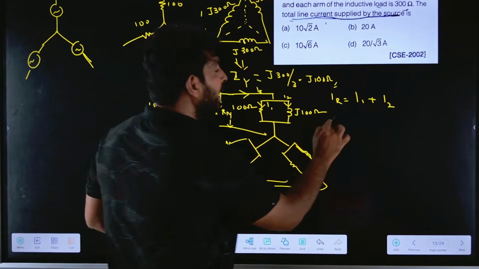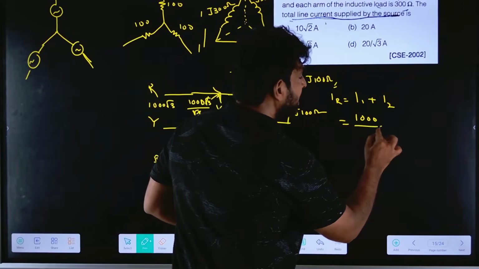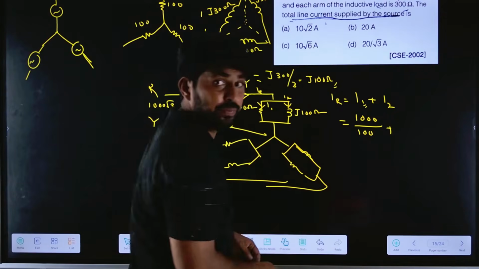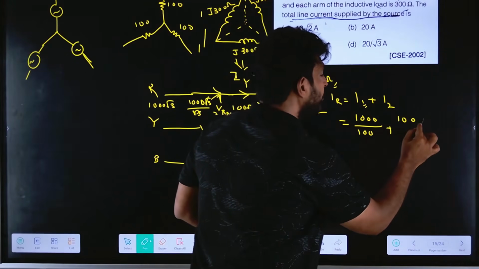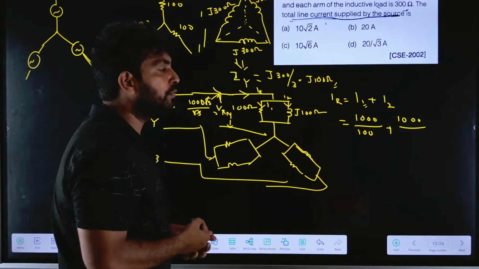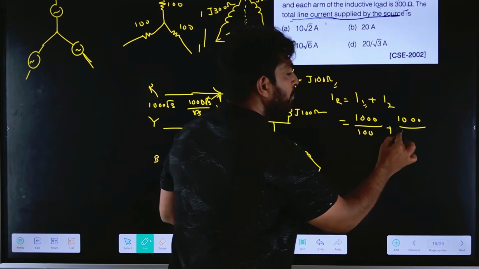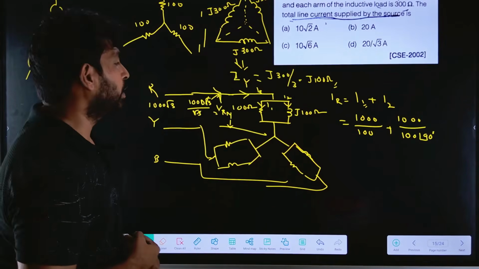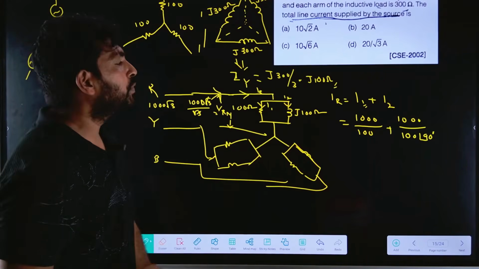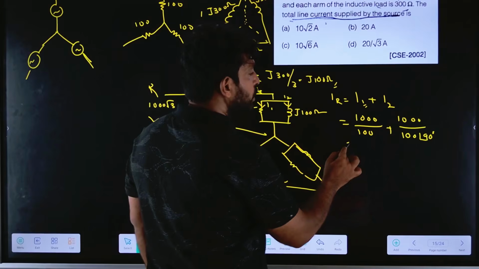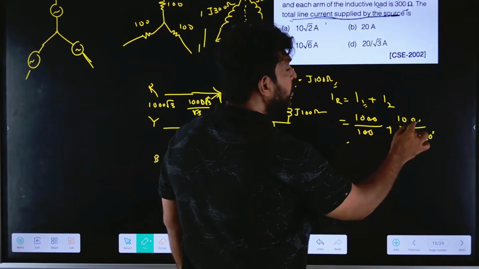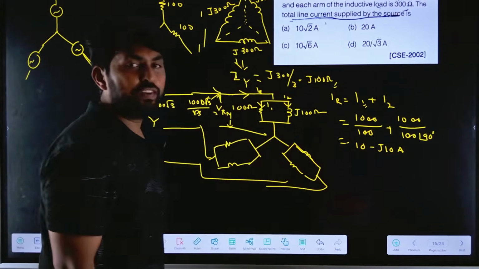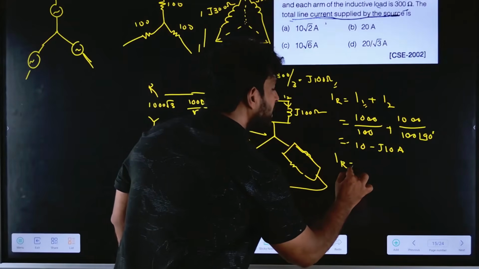So 1000 at an angle 0 divided by 100 ohms, plus 1000 at an angle of 0 divided by 100 at an angle of 90 degrees. It is an inductive load, so J100 is 100 at an angle of 90 degrees. The 100 will cancel out, which is equal to 10 minus J10. So the IR magnitude is equal to 10.